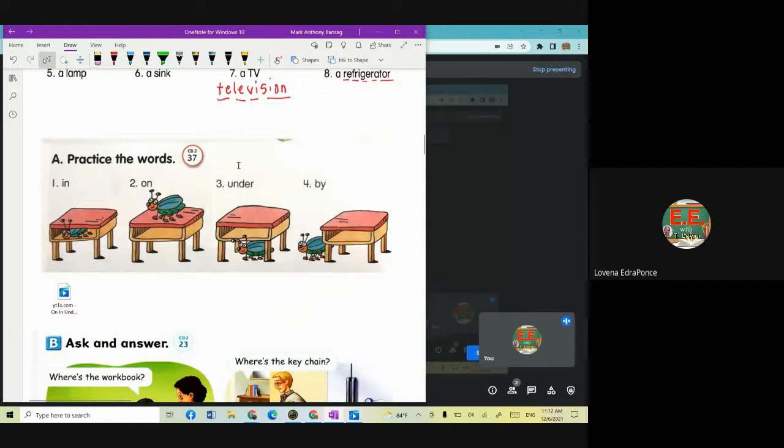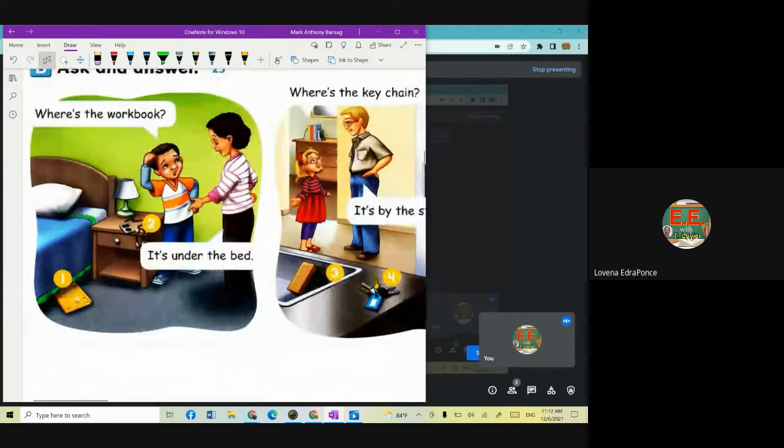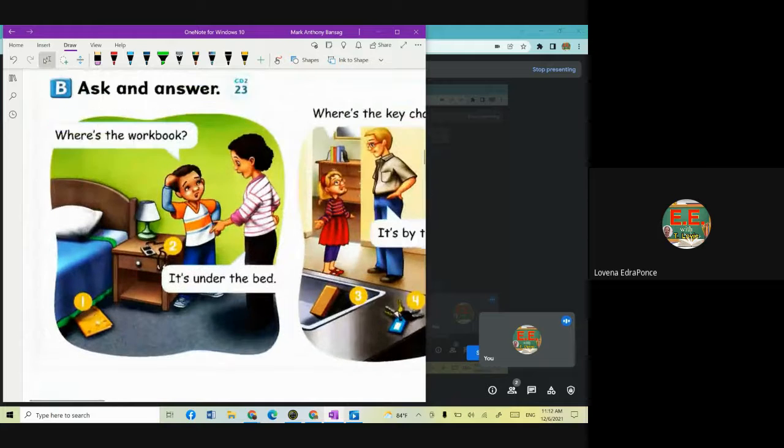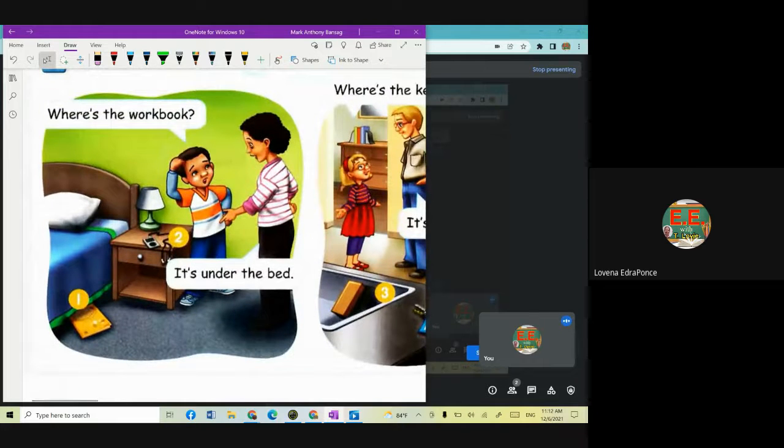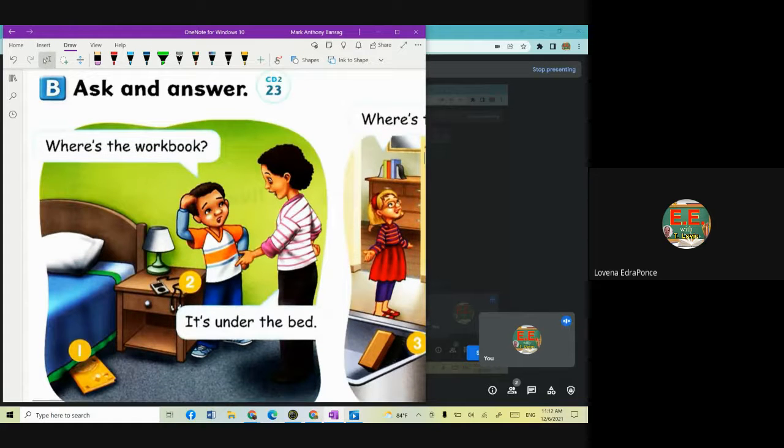For asking, we use where is or where's. For example, in this picture, where's the book?